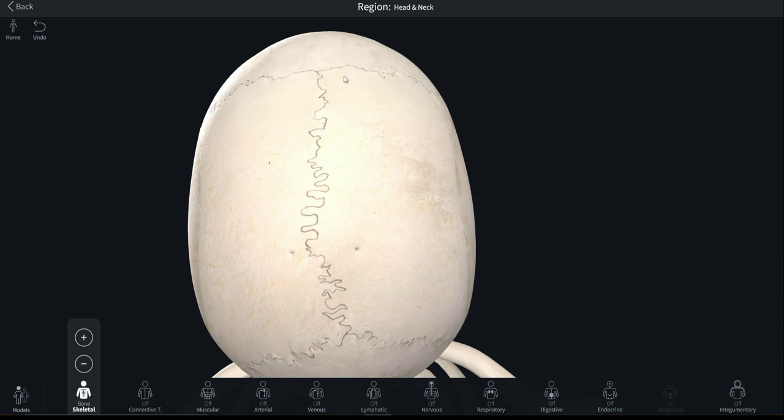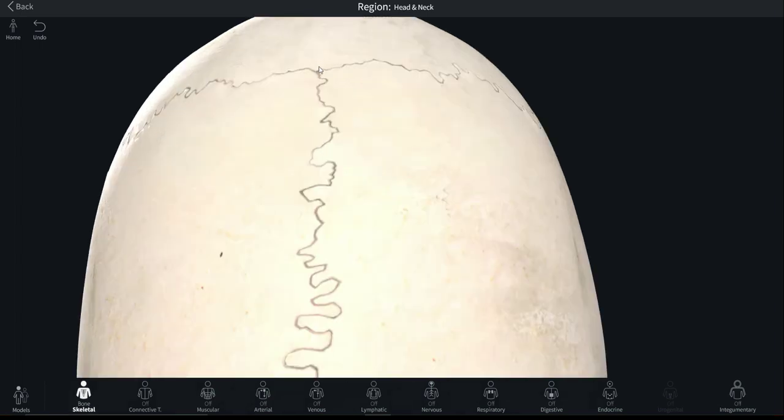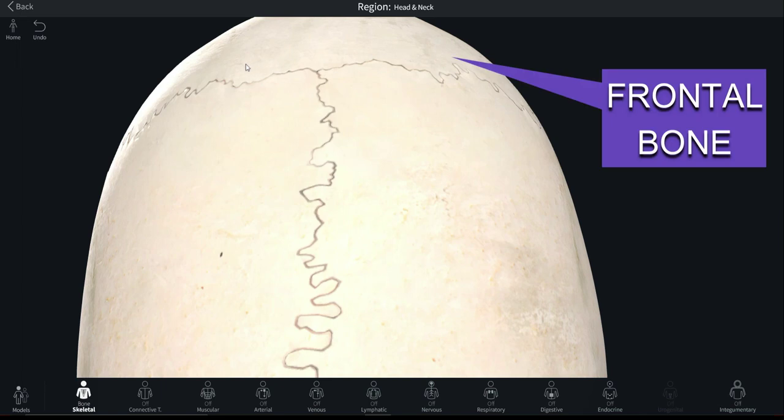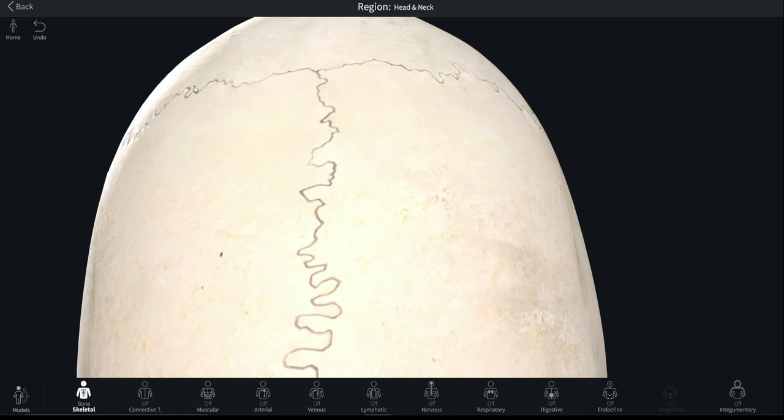But what I would like all of you to appreciate is that this meeting point between what we can call the frontal bone here and the two parietal bones along their superior border, this meeting point is what we call bregma.